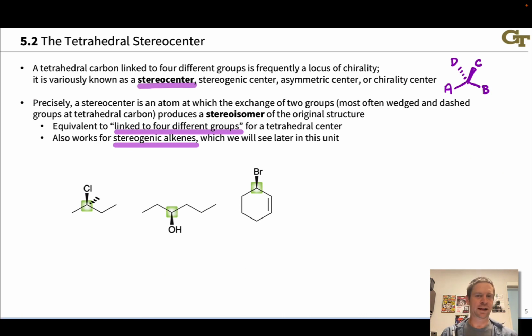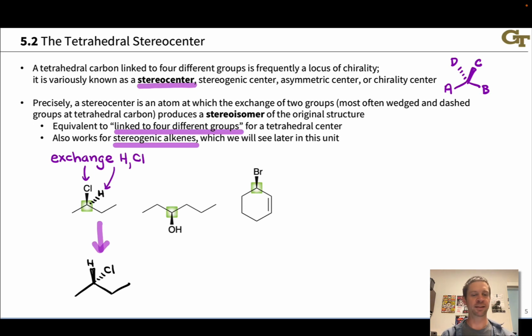And in the middle of this slide, we see 3 examples of compounds with a carbon like this, highlighted in green, where exchanging the wedged and dashed groups produces the enantiomer of the compound. For example, here, if we exchange the hydrogen and chlorine, we move the hydrogen where the chlorine is located and the chlorine where the hydrogen is located, the resulting structure would look like this.